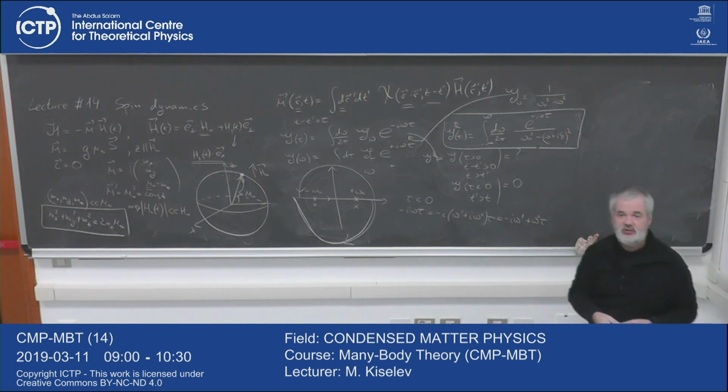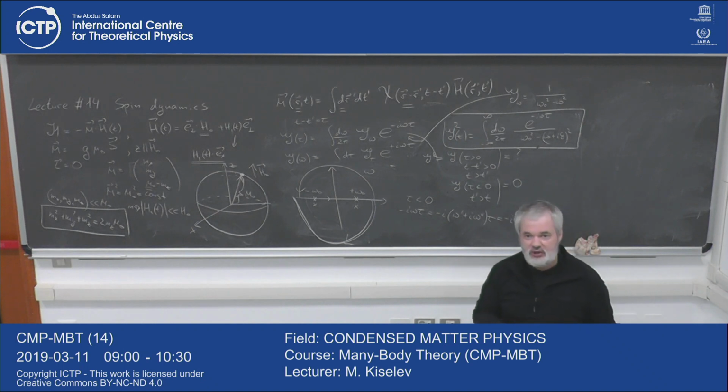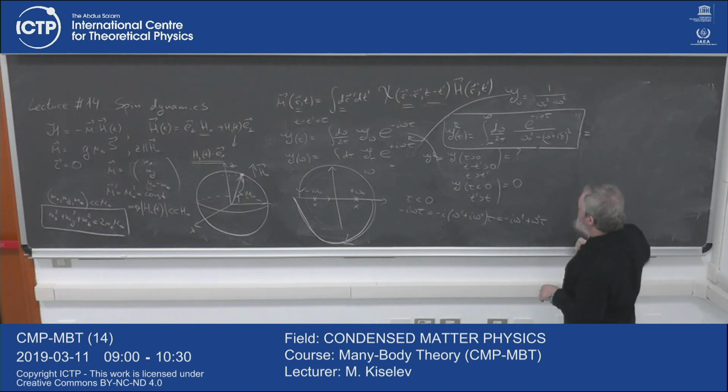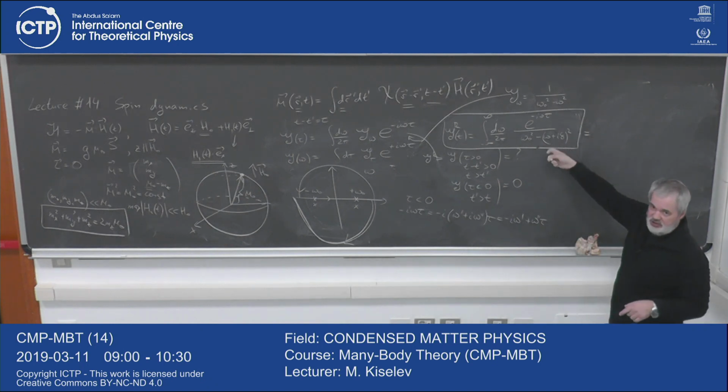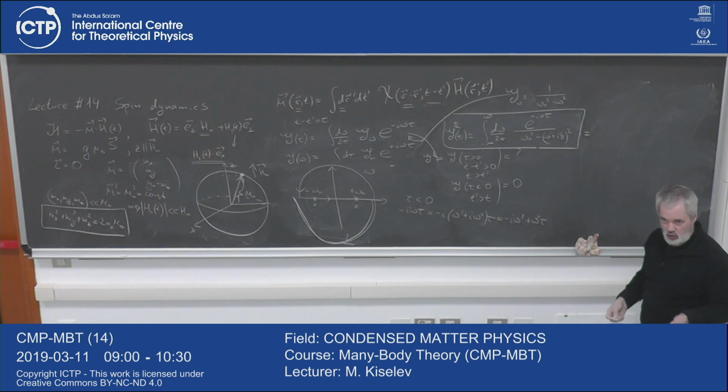So in your first week, when you got calculus, I think you discussed properties of complex functions. I don't need to remind you how to take the integral with residues. So this is then, let me split it in two terms.